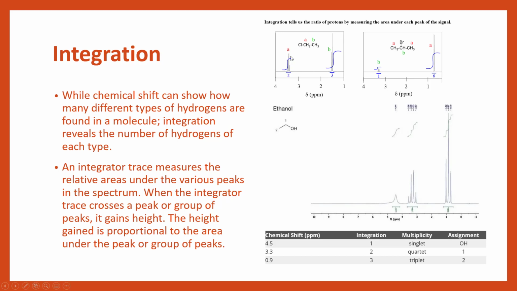So typically we're going to see it as the integration sign, or an S sign, okay? And again, it's just measuring the area under the peak, and it'll give rise to how many hydrogens that peak represents. So if we look here, again, you'd go through the process of identifying your equivalent hydrogens, how many groups you're going to have, therefore how many peaks you're going to have.